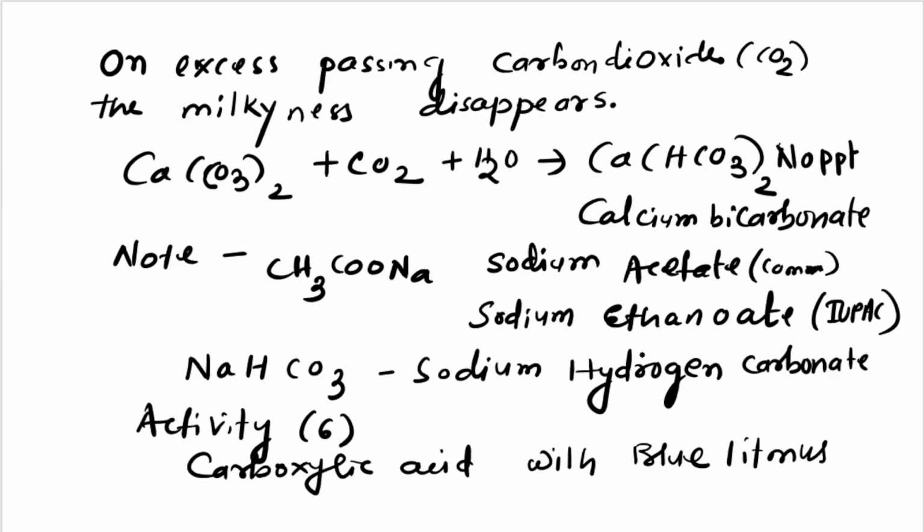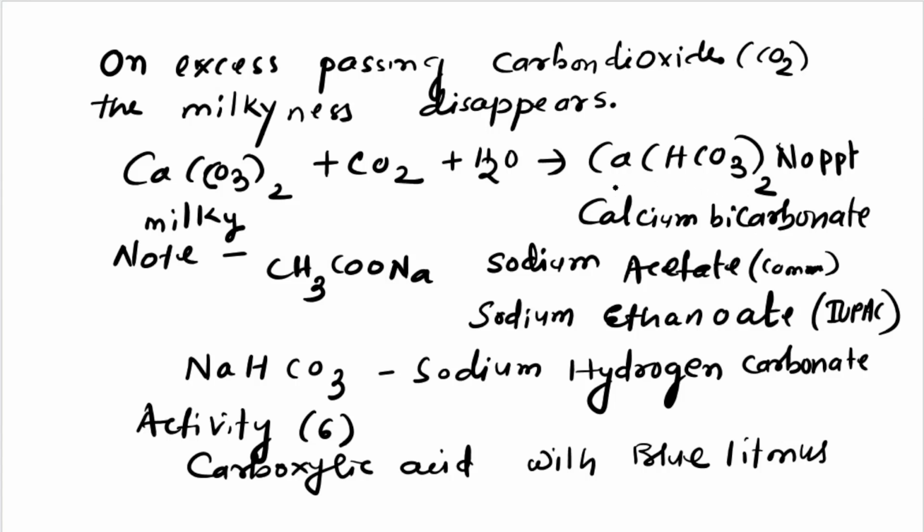On excess passing of carbon dioxide, the milkiness disappears. Then what happened? Here the milky substance is calcium carbonate. When excess carbon dioxide is passed, with water also there, it gives calcium hydrogen carbonate, or you can say calcium bicarbonate.